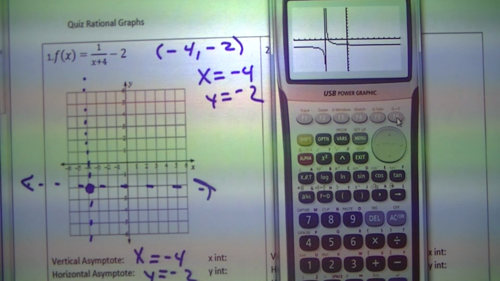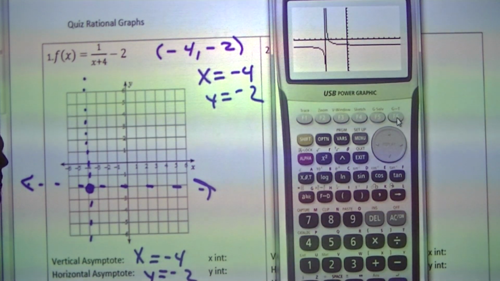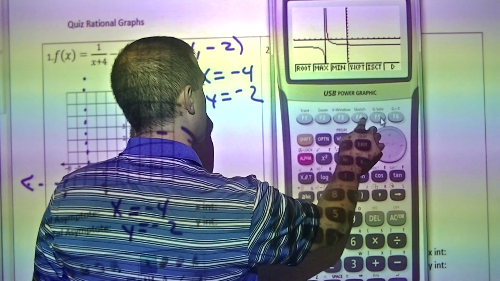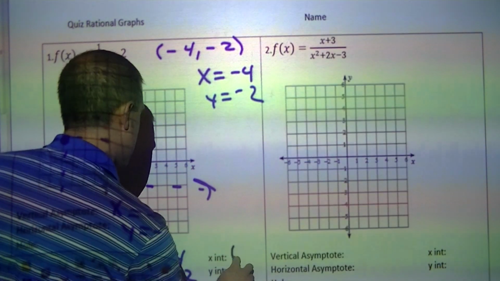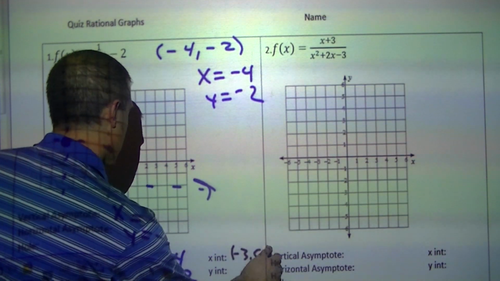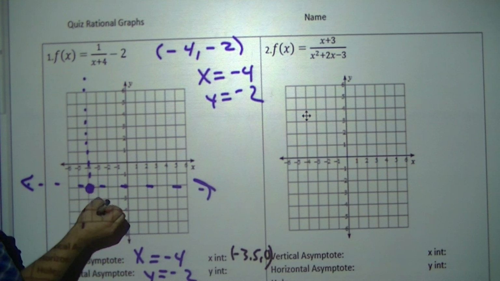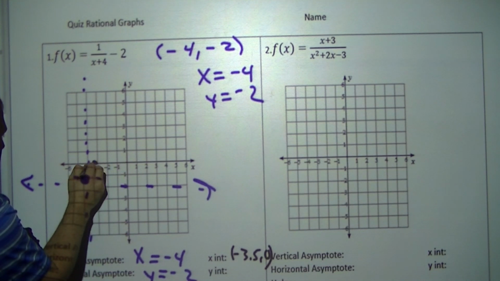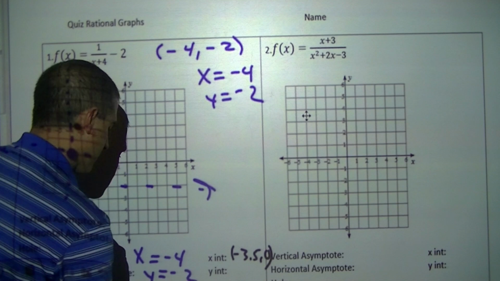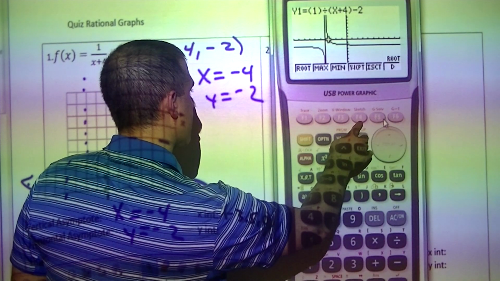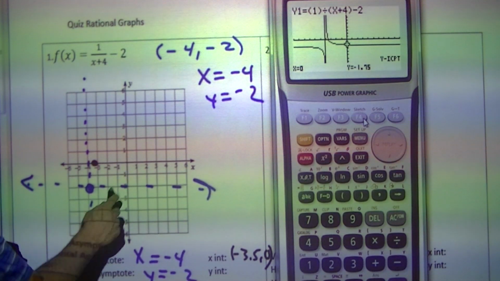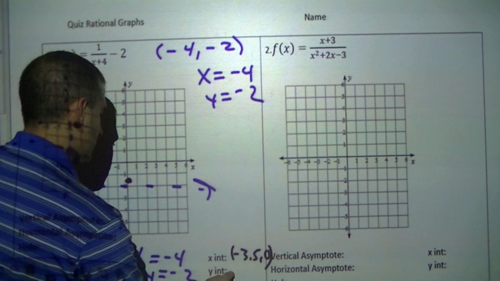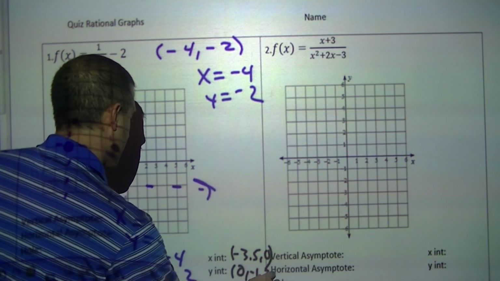Now I'm going to do G-Solve root, which is negative 3.5, comma 0. So I'm at negative 3.5, comma 0, which would be somewhere in there. And then G-Solve y-intercept, which would be 0, negative 1.75. Should be right there, so 0, negative 1.75.